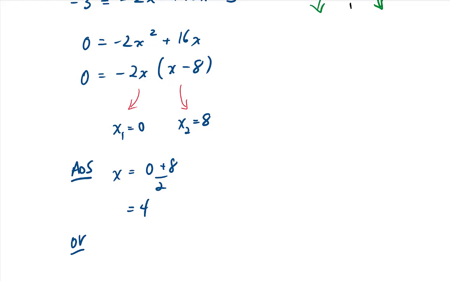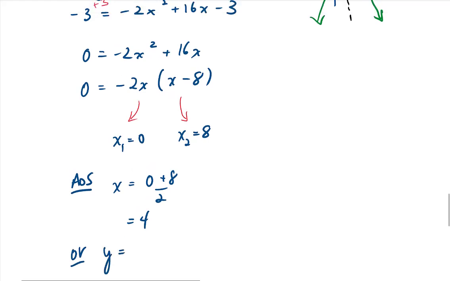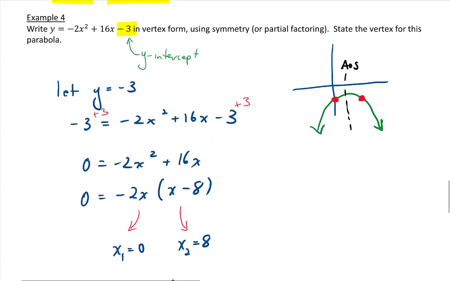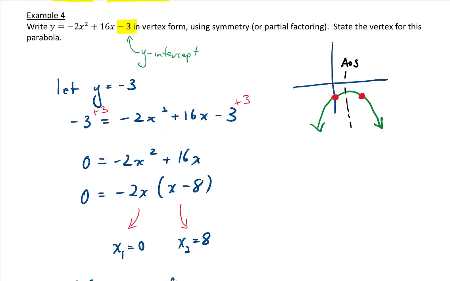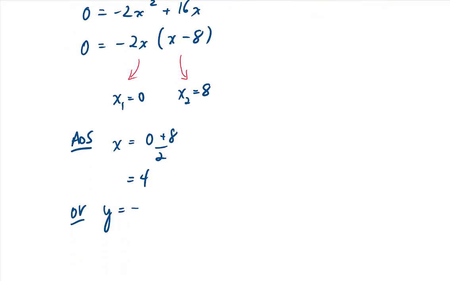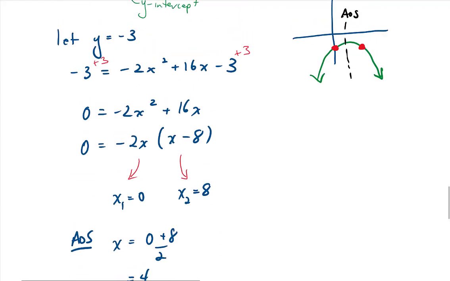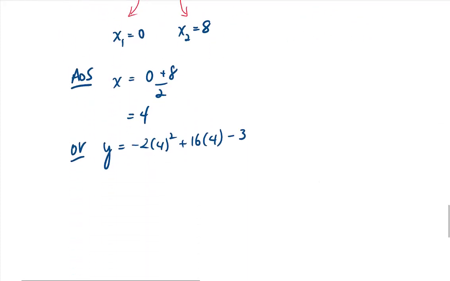Optimal value we can find by subbing in the axis of symmetry into the equation given above, so -2x squared plus 16x minus 3. So -2 times 4 squared plus 16 times 4 minus 3. Let's check that again. Good.